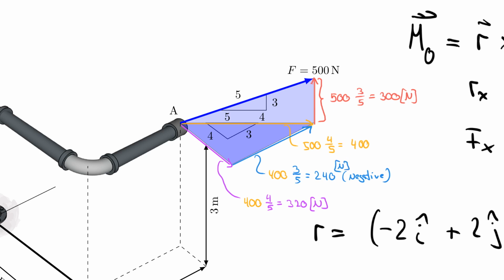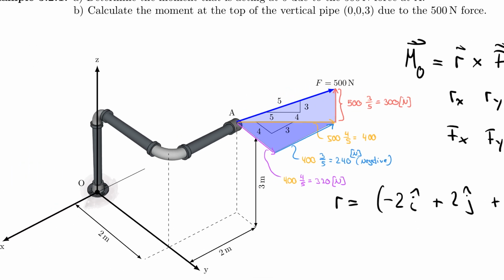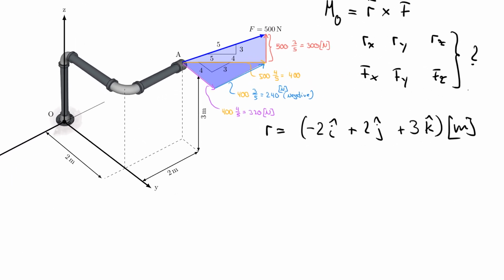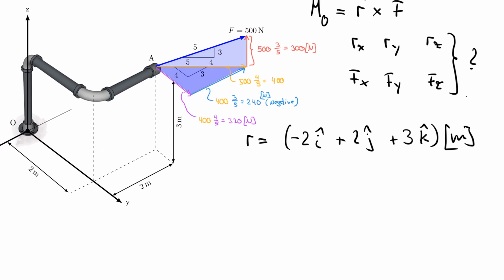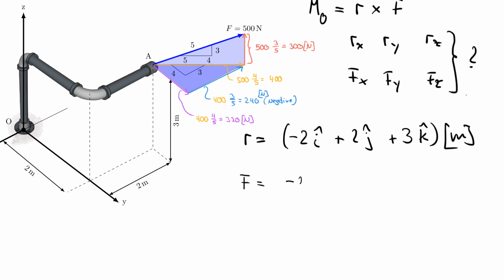All right, now I can describe both in ijk form, and maybe just for completeness reasons I do that real quick. So my r vector I already did. My F vector is really nothing else than the x direction first, right? So the x direction is negative in this case, minus 240 i hat.